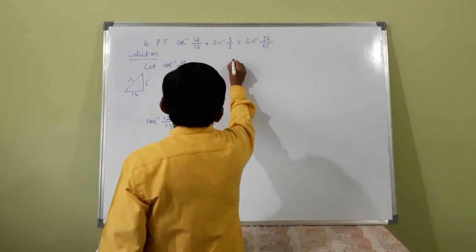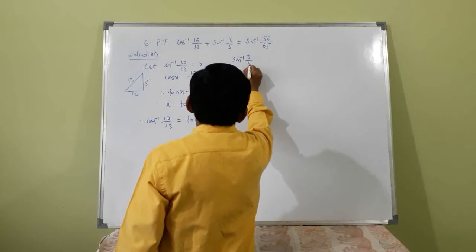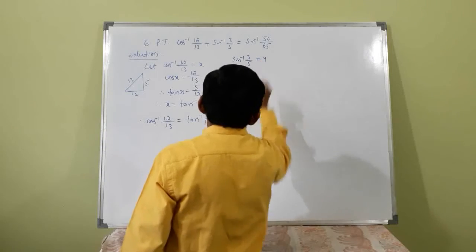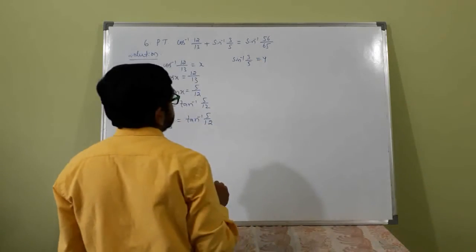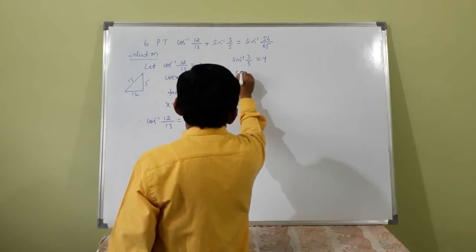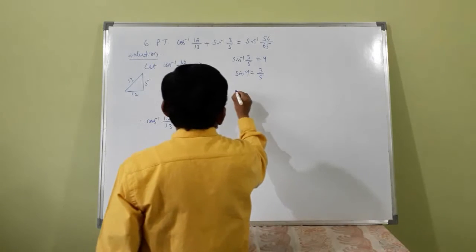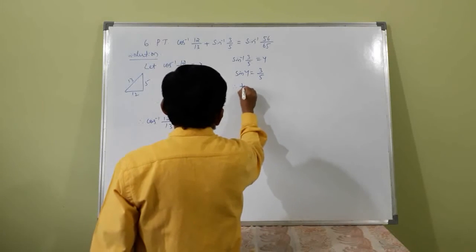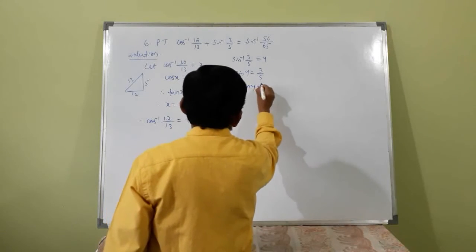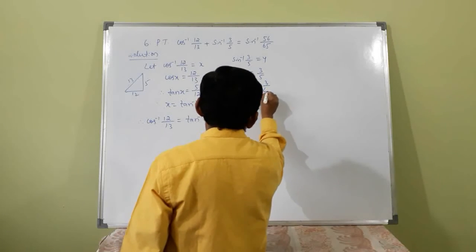Now sin inverse of 3 by 5 is equal to y. Then sin y is equal to 3 by 5. So therefore tan y is equal to, the triplet is 3 by 4.